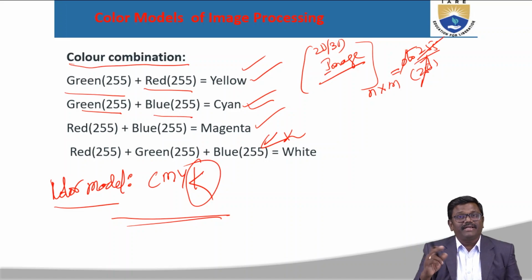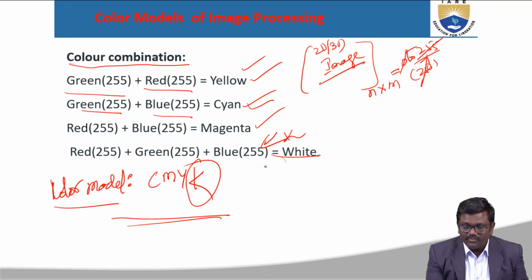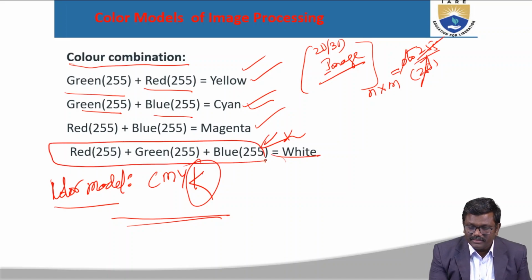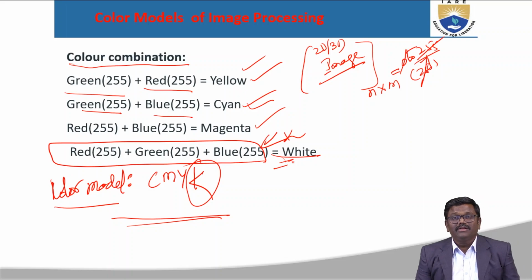By mixing all three, we get white or the K value. Like that we prepare the model, which we apply in the required manner.